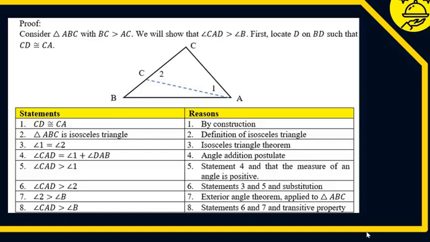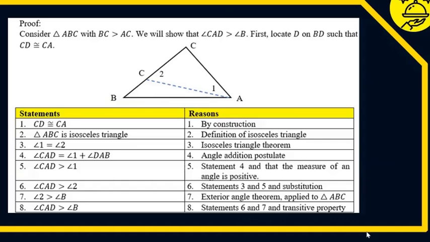Angle CAB is equal to angle 1 plus the measure of angle DAB by the angle addition postulate. Then angle CAB is greater than angle 1, as stated in statement 4, since the measure of an angle is positive.